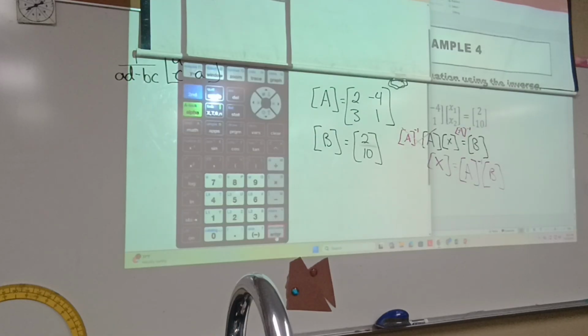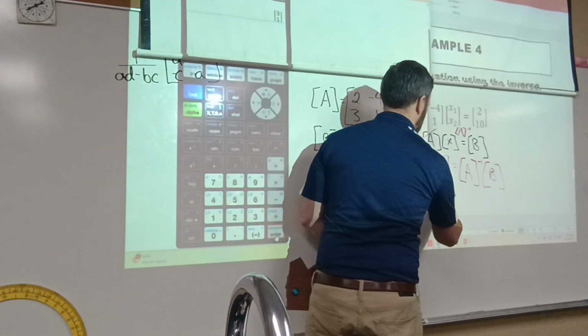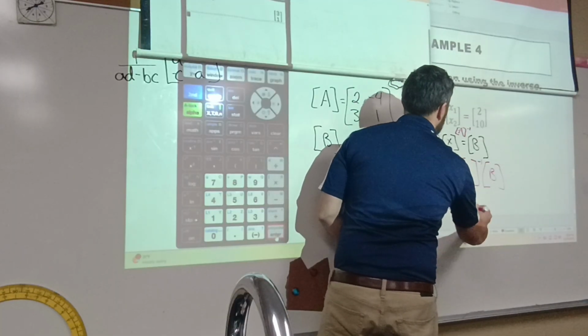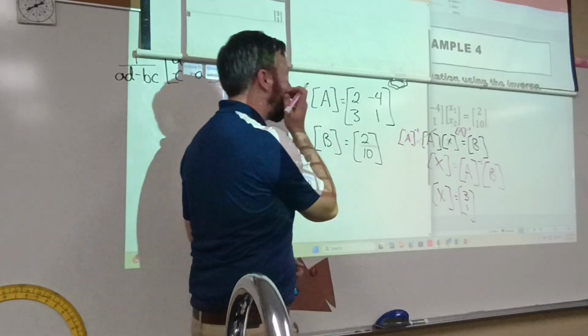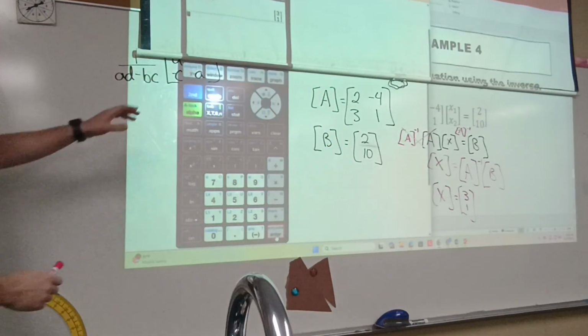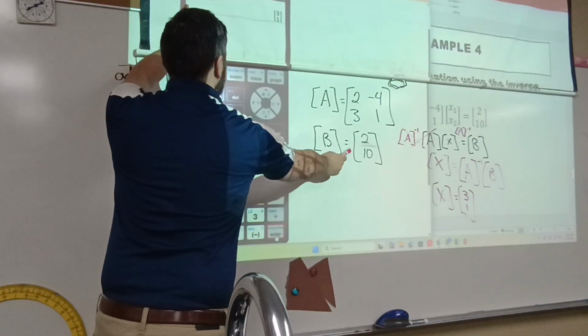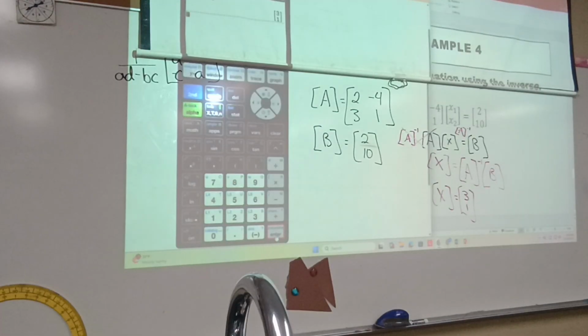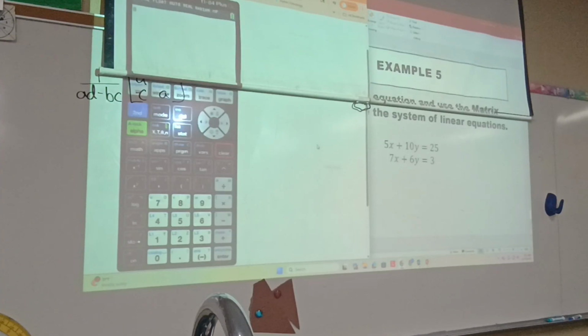Yeah, you can now. The answer is 3 and 1. That's our X matrix. So that means X1 is 3 and X2 is 1. So all I did is I plugged in my matrices, A inverse times B. And that's the answer.